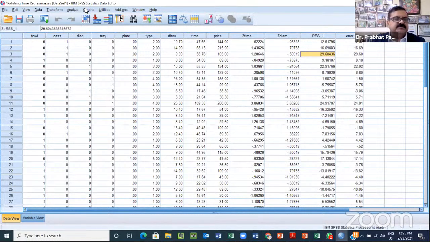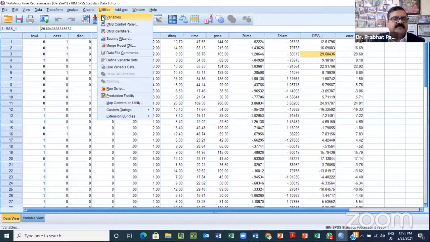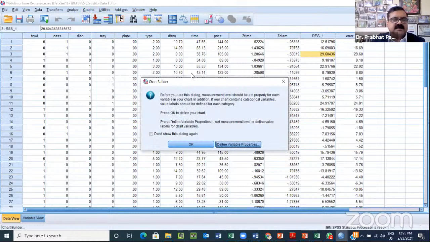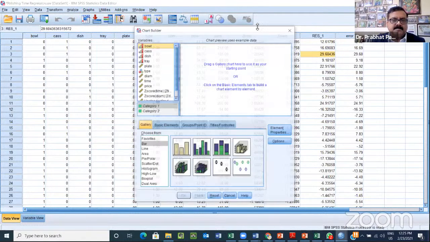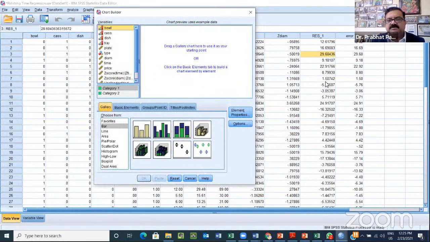Okay. Now what we are going to do is go to Graph and then Chart Builder. This is the window which will allow you to make the graphs.